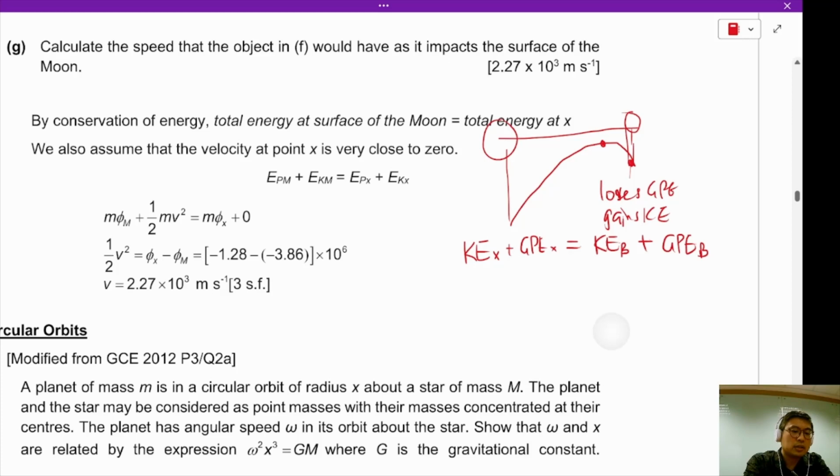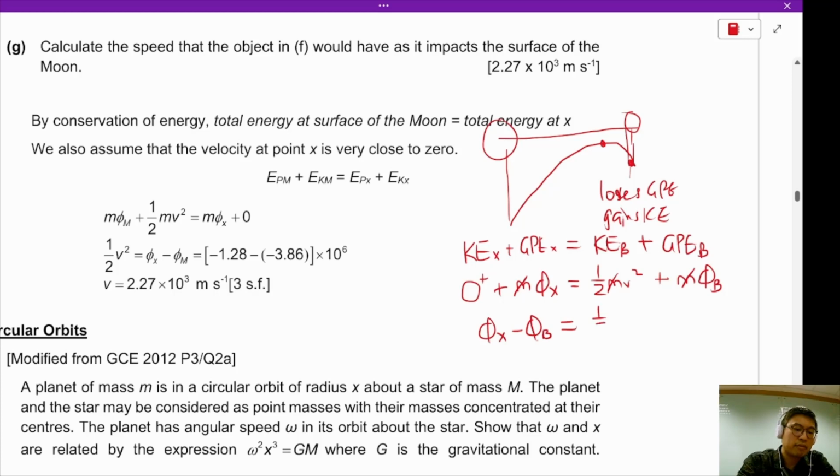The KE at X, as we said, is 0 since the object is moving very slowly. The GPE at X would be m phi x. This equals the KE on the moon, which is half mv squared, plus the GPE on the moon, m phi b. Let's cancel out all the m's again, and we get phi x minus phi b equals half v squared.